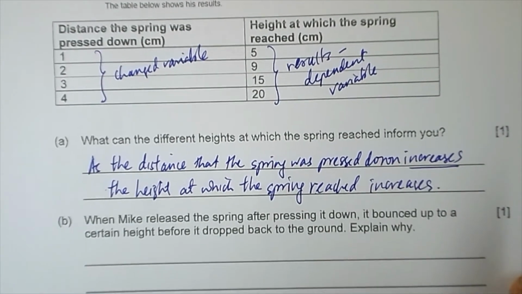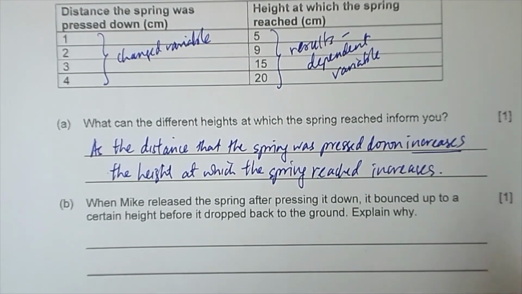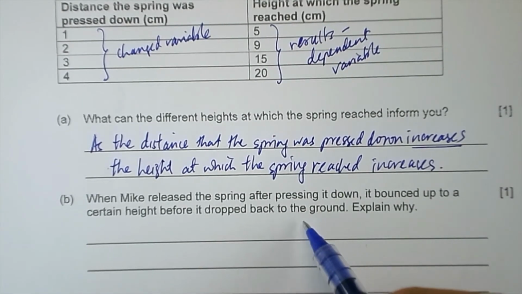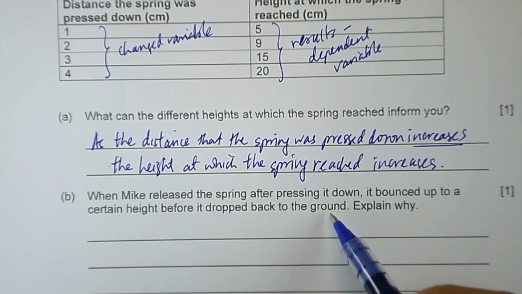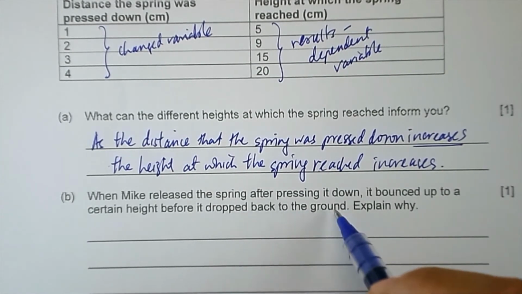For part B, the question reads, when Mike released the spring after it's been pressed down, it bounced up to a certain height before it dropped back down to the ground. So in fact, there are two forces at work here.